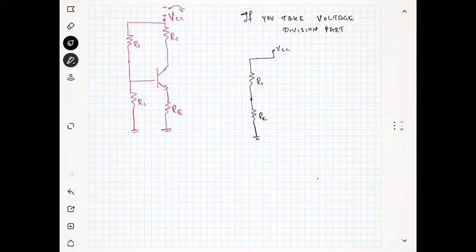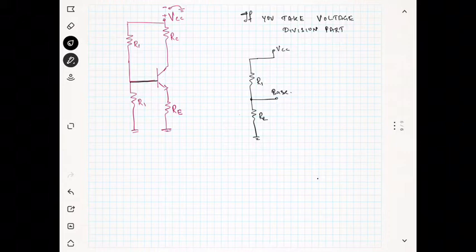This is R2 and this is going into the transistor. You can see this is going into the base. Now if you see from the base, there is some resistance RE.